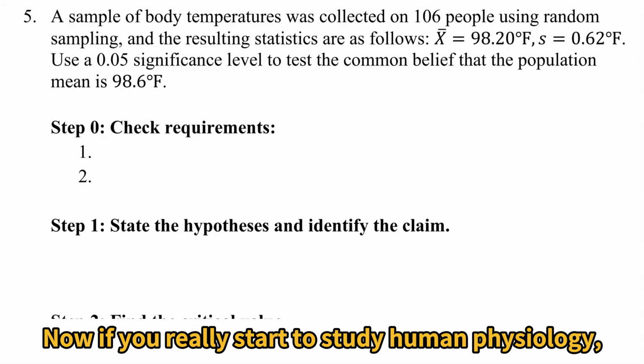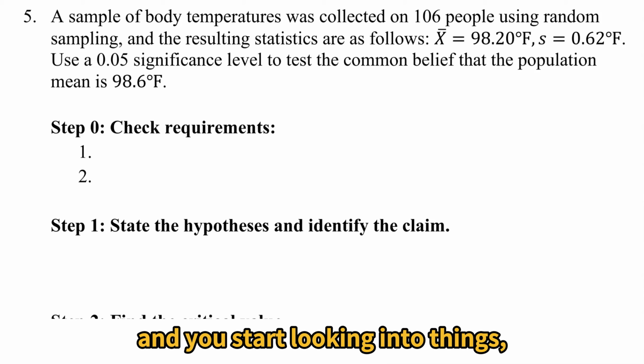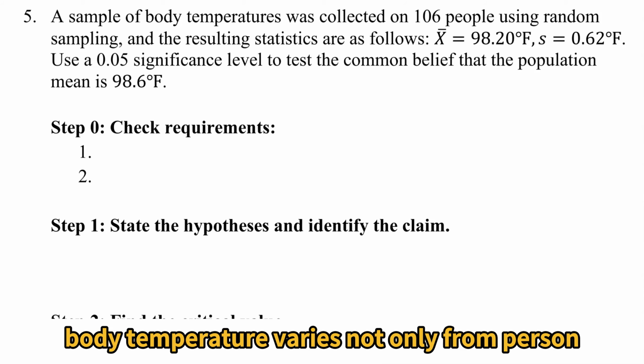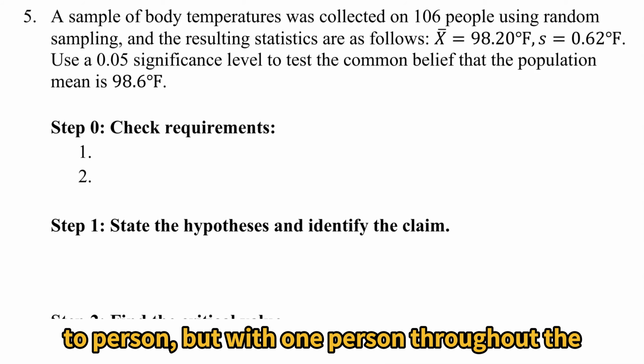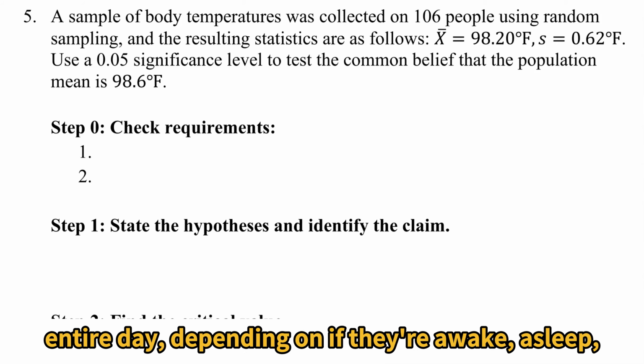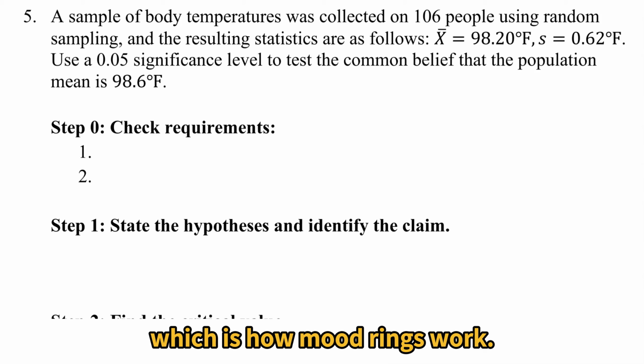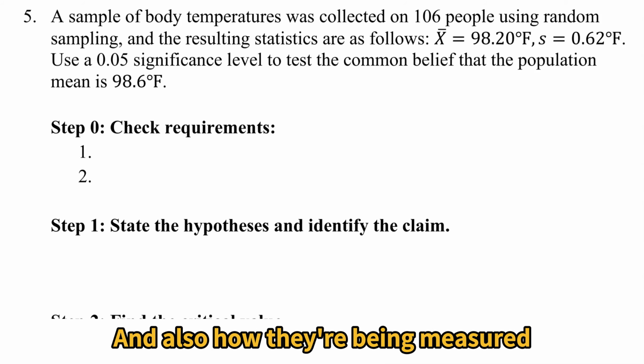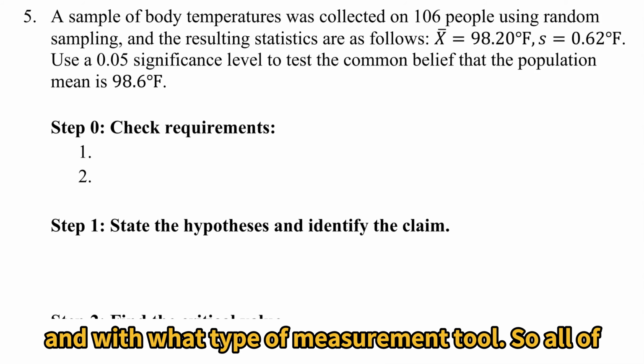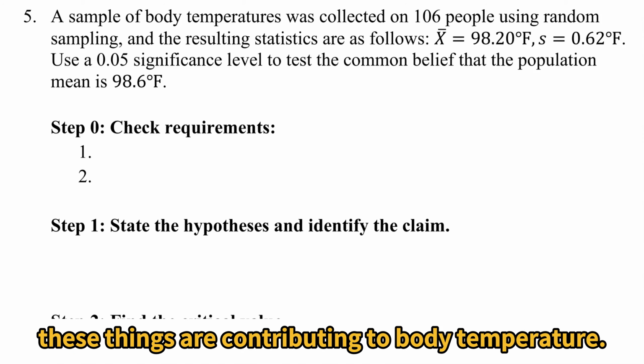Now, if you really start to study human physiology, body temperature varies not only from person to person, but with one person throughout the entire day, depending on if they're awake, asleep, doing activity, what mood they're in, which is how mood rings work, and also how they're being measured and with what type of measurement tool. So all of these things are contributing to body temperature.